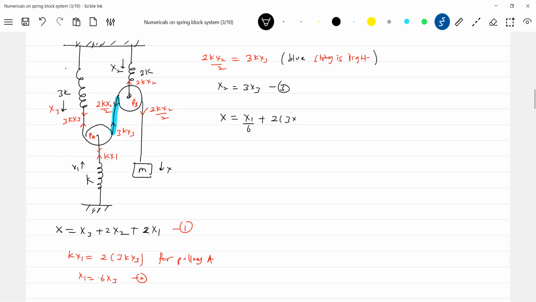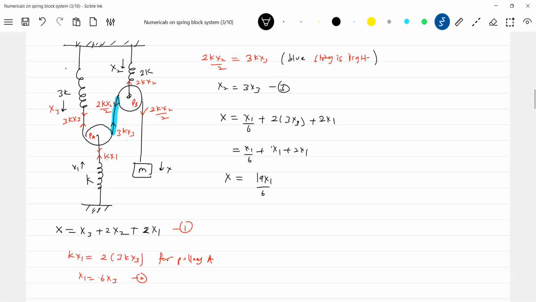So 2 into 3x3 plus 2x1. Further, x3 is how much? 6x3, you can write it as x1. So this will be 3, 3, 6, 18, 19, x1 by 6. Am I right?